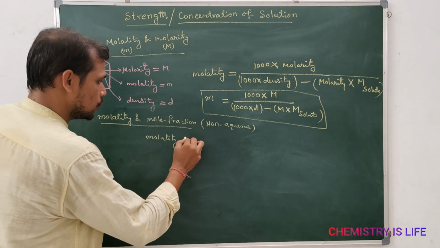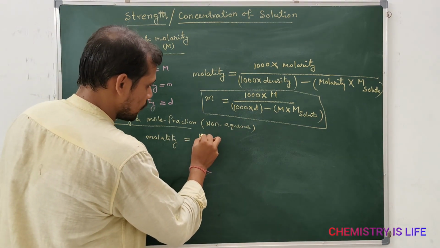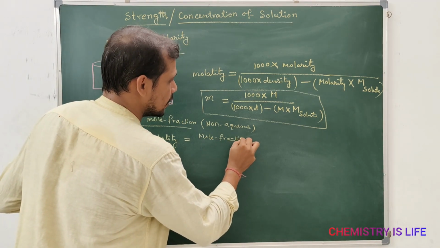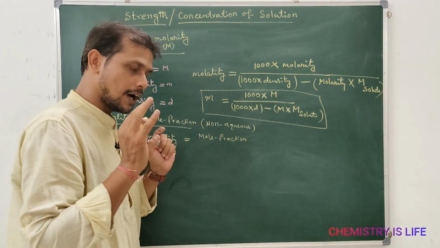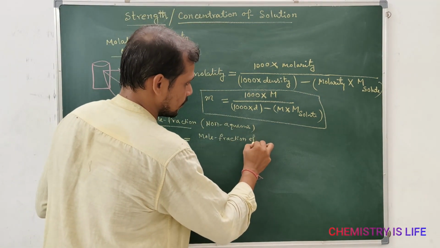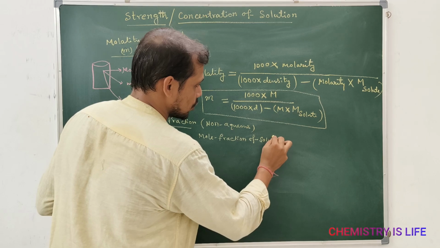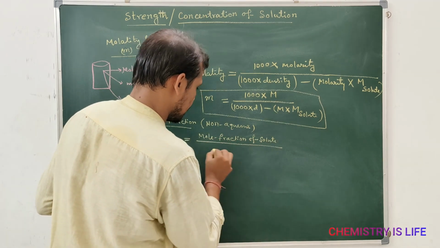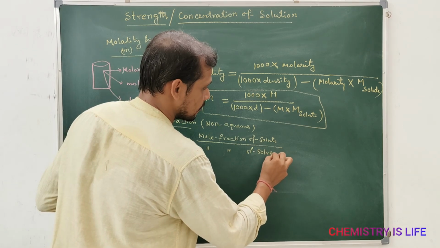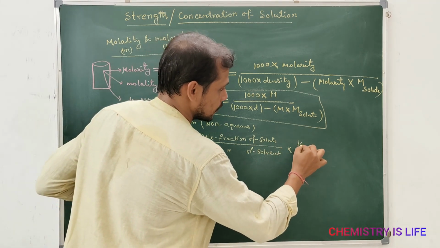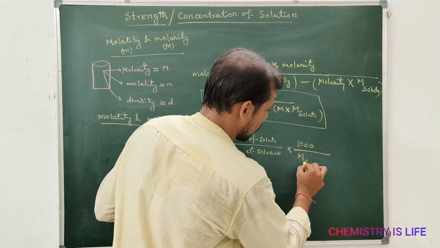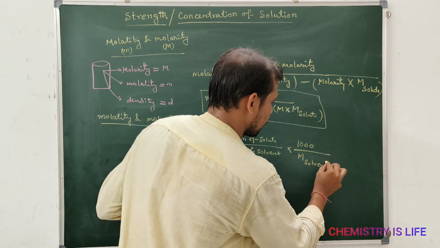Molality equals mole fraction of solute divided by mole fraction of solvent into 1000 divided by molecular weight of solvent. It can also be established, but I suggest you remember this.